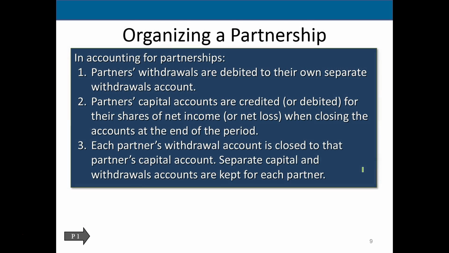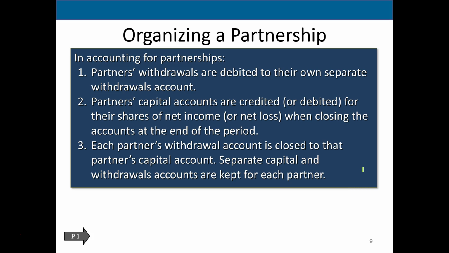So organizing a partnership. In accounting for partnerships, partners' withdrawals are debited to their own separate withdrawal accounts. So remember when we had an owner's equity, and a single owner, that we made a draw, and the draw was against the capital account. So now we of course have two owners. We got to keep those two owners' draws separate.